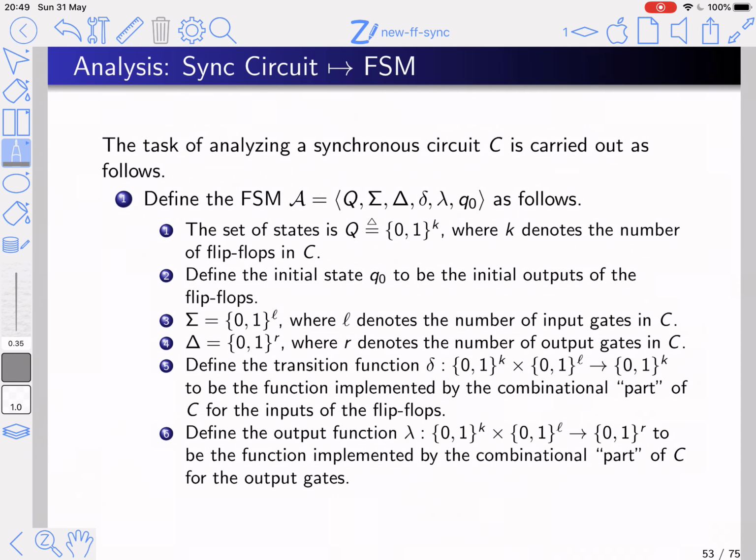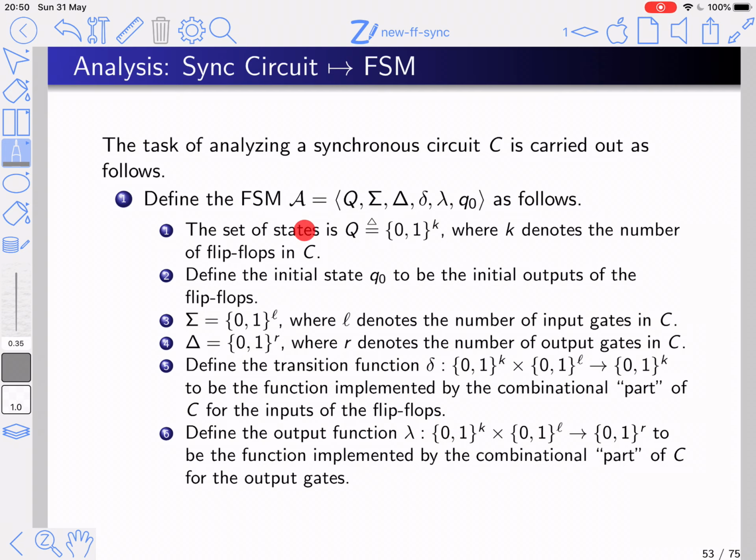Okay, let's explain how analysis is performed. Okay, so we're given a synchronous circuit and we want to model this synchronous circuit using a finite state machine. So this task of analysis proceeds as follows. We need to define the set of states, the alphabet of the inputs, the alphabet of the outputs, the transition function, the output function, and the initial state.